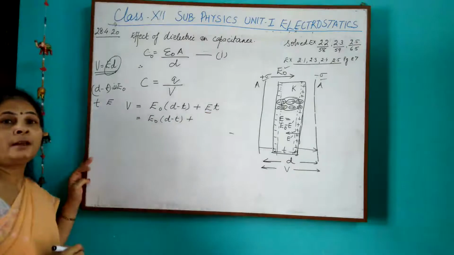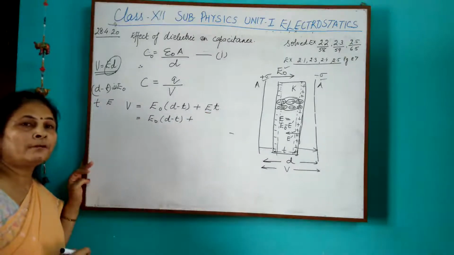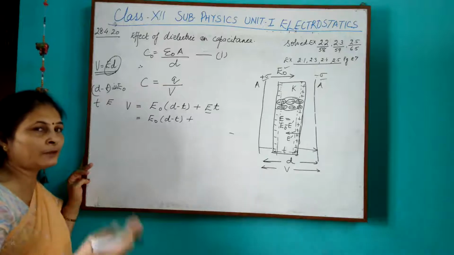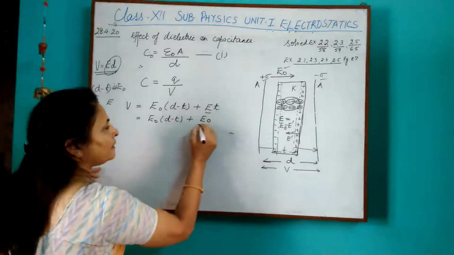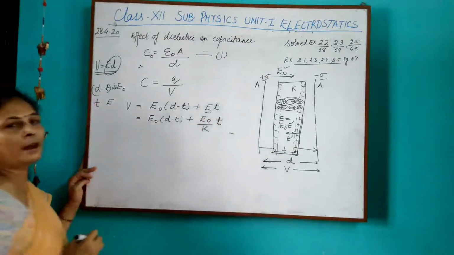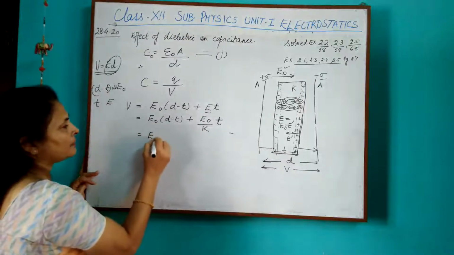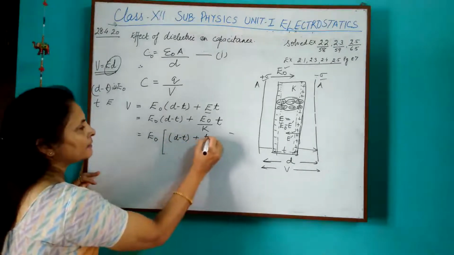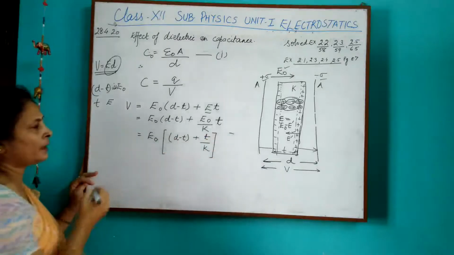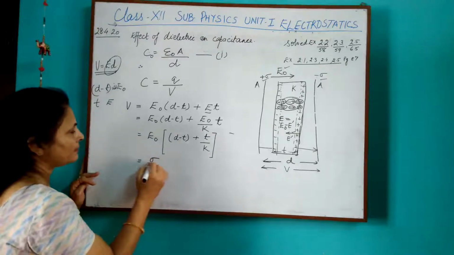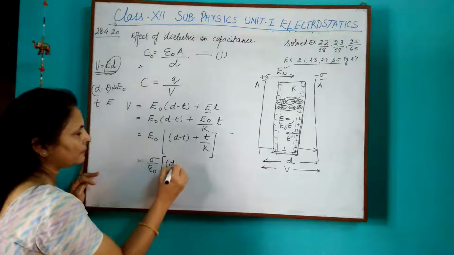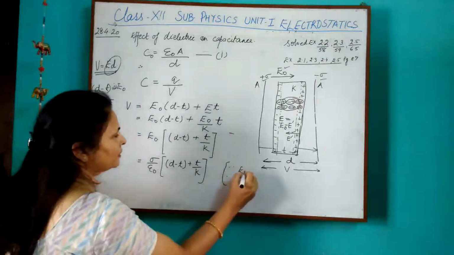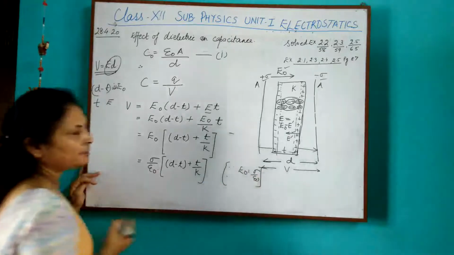Now we have already defined dielectric constant in terms of force, if you remember, in the very first topic, which can further be written in terms of electric field, and this will come out to be E naught upon K. Take E naught common, we'll be left with D minus T plus T upon K. E naught can be written as sigma upon epsilon naught.